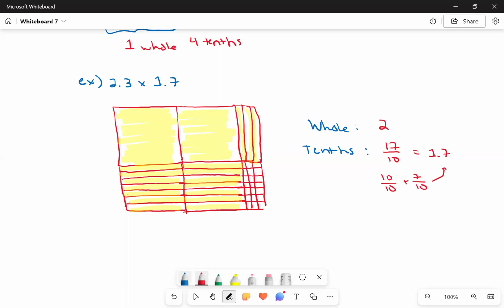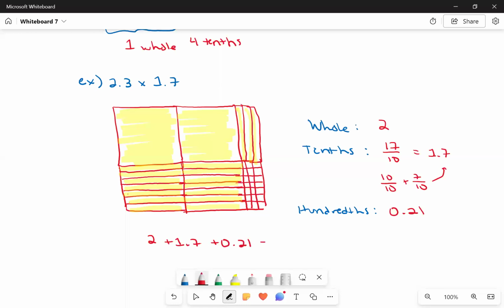And then the hundredths, so those last little squares, there should be 7 by 3, so 21 of those. So 21 hundredths would be 0.21. Okay, so basically what I'm doing is I'm going to add up the 2 plus the 1.7 plus the 0.21.